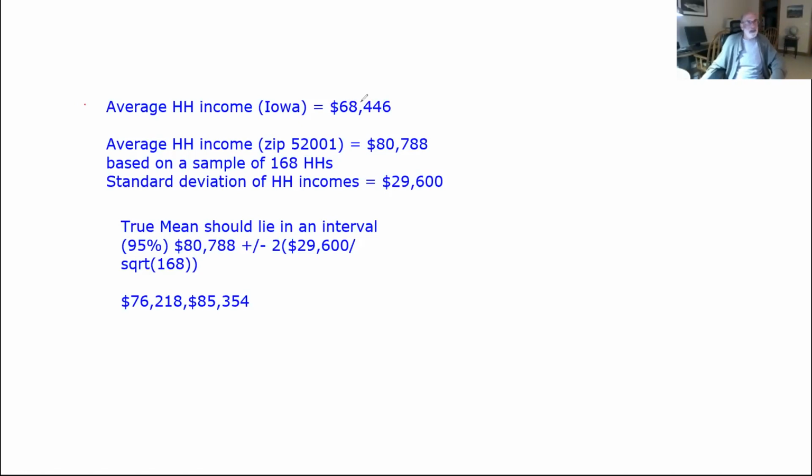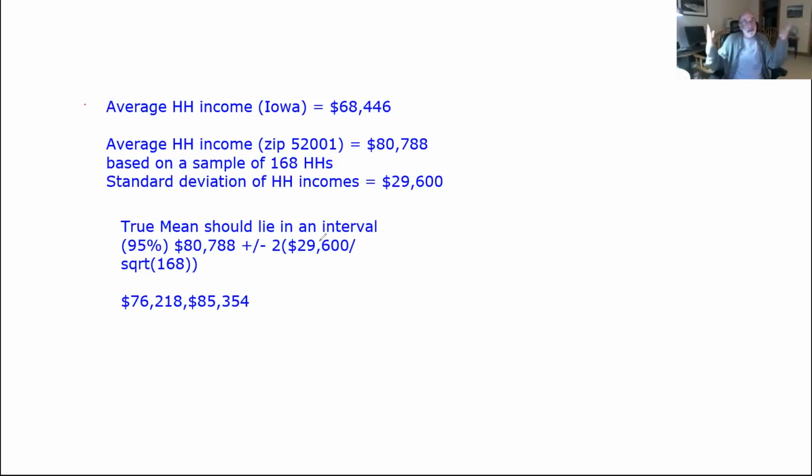What do we have to compare that 12,000 to? Well, we have to compare it to how much variability we would expect when we take a random sample of 168 households. How do we measure that variability? Exactly the way we did in the confidence interval. We say, what is the standard deviation involved in that sample? 29,600. How big is the sample size? 168. So the central limit theorem says take the standard deviation divided by the square root of 168, the sample size.